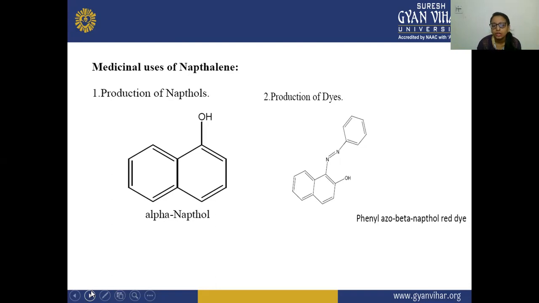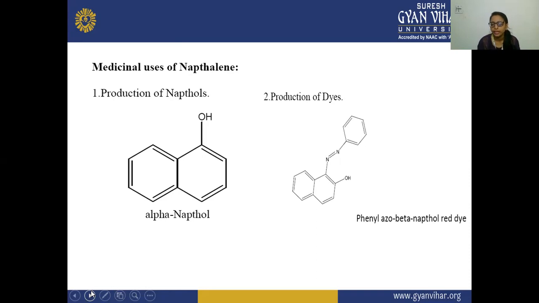This OH is present on the beta position, that is why it is called beta naphthol, and this is a red color dye. Naphthalene is used for the production of this red dye. As the name says, one nitrogen is attached to a phenyl ring and the second nitrogen is attached to the naphthalene ring, the naphthol, with OH on the beta position.